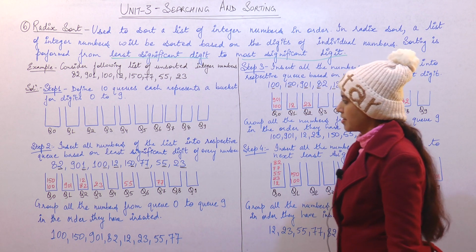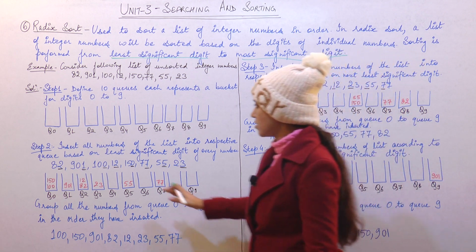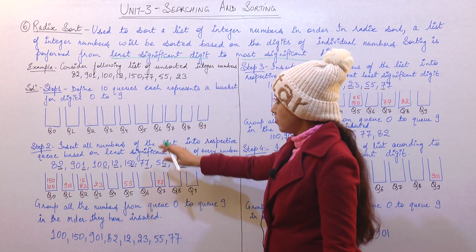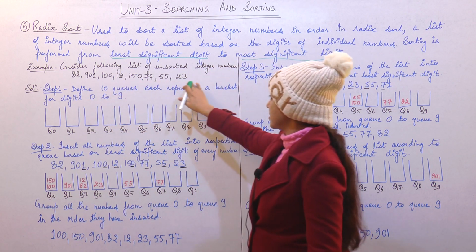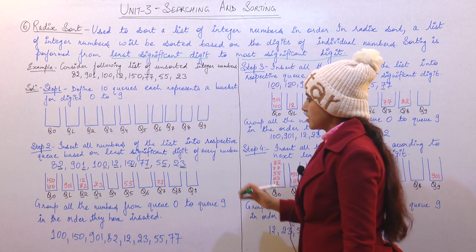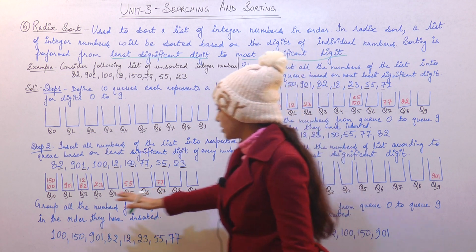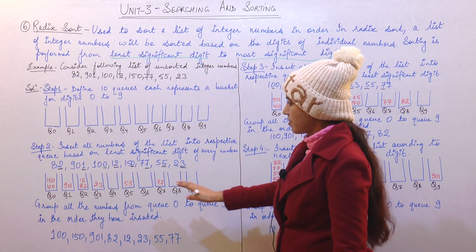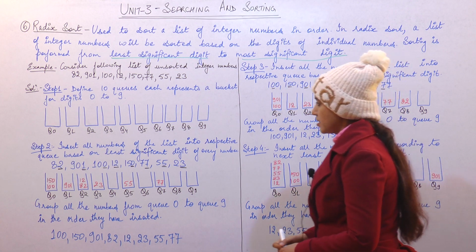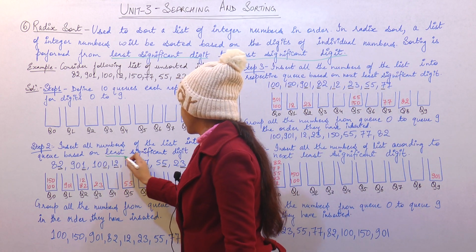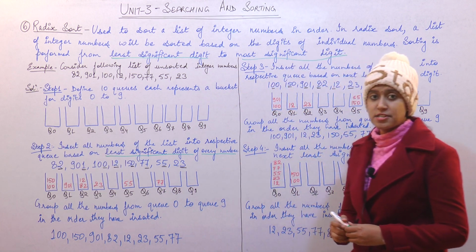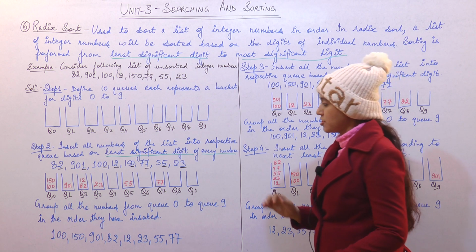In step 2, we will insert all the numbers of the list into the respective queues.